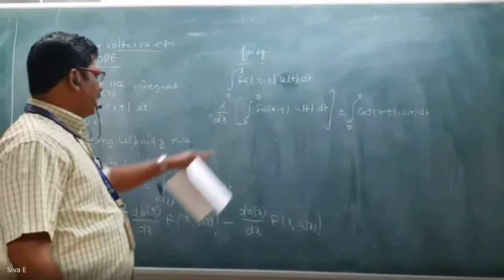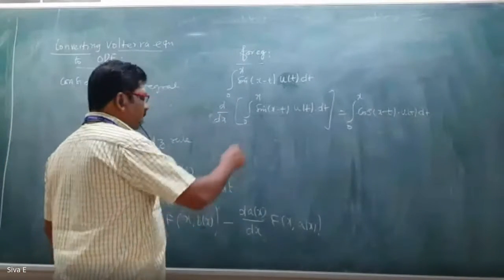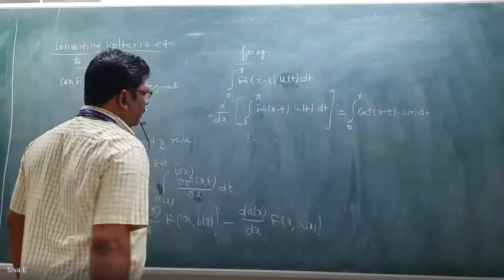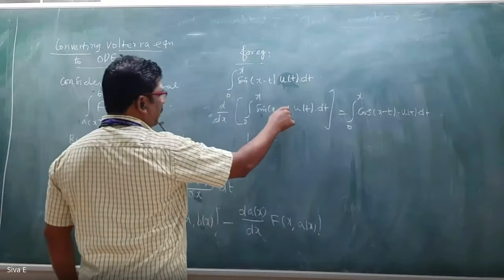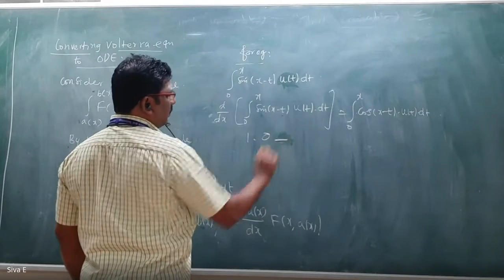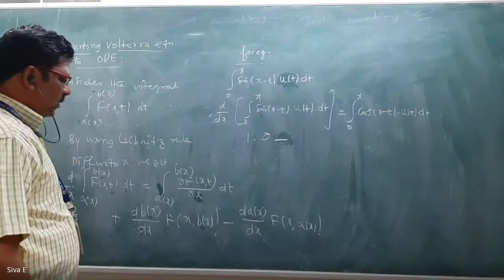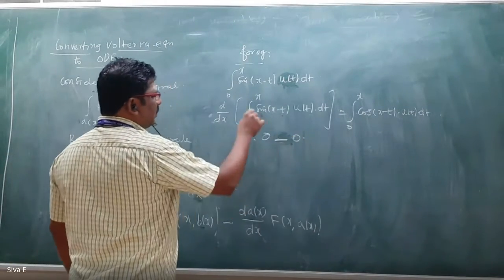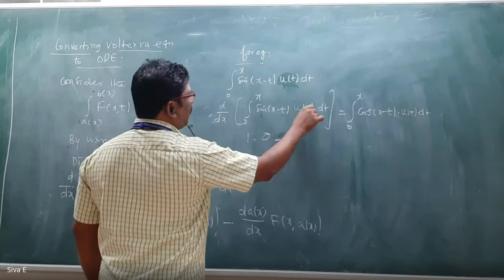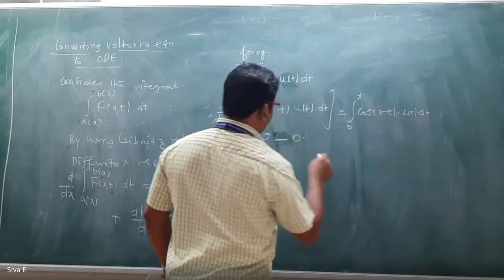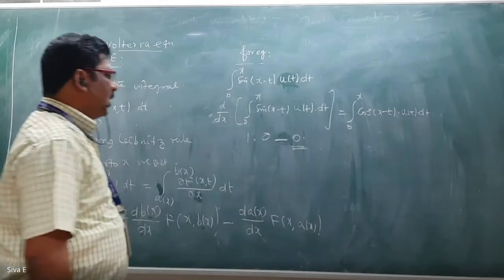What is b of x here? x, so that means 1, into, substituting t equal to x, you will get sine of 0, which is 0. The lower limit is already a constant 0, so that term is 0. So the derivative of the integral from 0 to x of sine of x minus t u of t dt is the integral from 0 to x of cos of x minus t u of t dt. That is the answer.